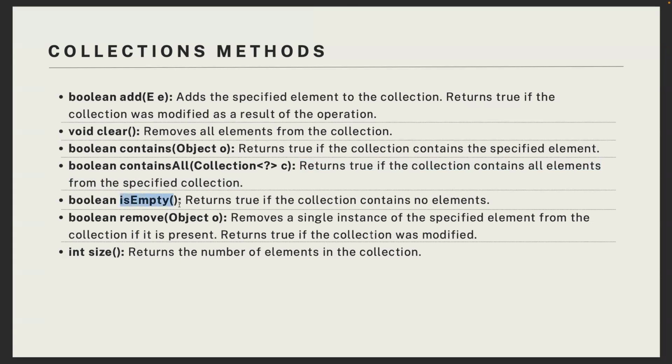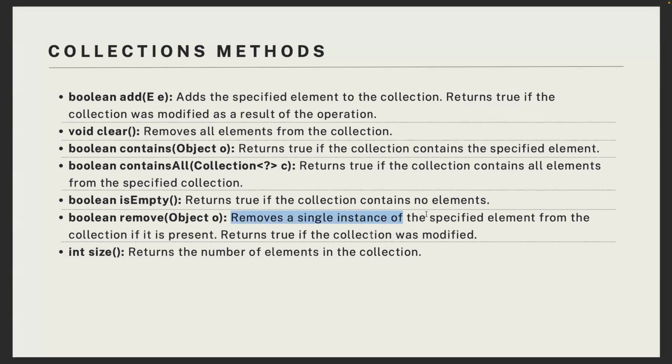And then there's the isEmpty method. It also returns Boolean true if the collection contains no elements, meaning if the collection is empty, right? Then remove. It removes the specified element from the collection.